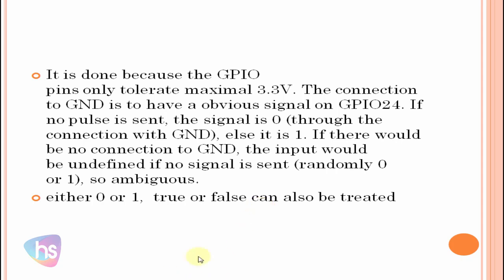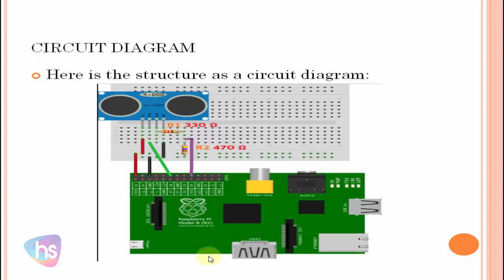If no pulse is sent, the signal is 0 through the connection with GND, else it is 1. If there were no connection to GND, the input would be undefined if no signal is sent, randomly 0 or 1, so ambiguous. Either 0 or 1, true or false, can also be used. In writing the program, you can write either 0 or 1, or choose true or false.